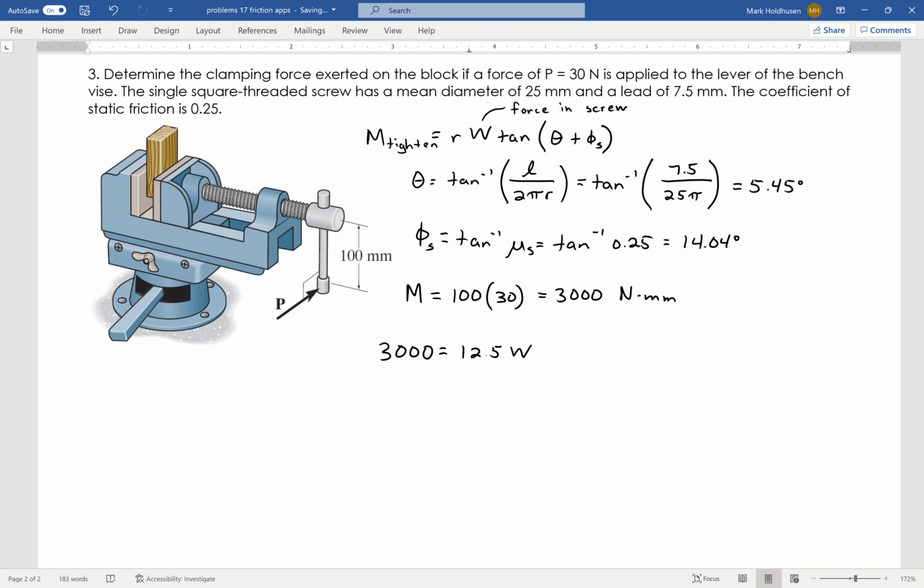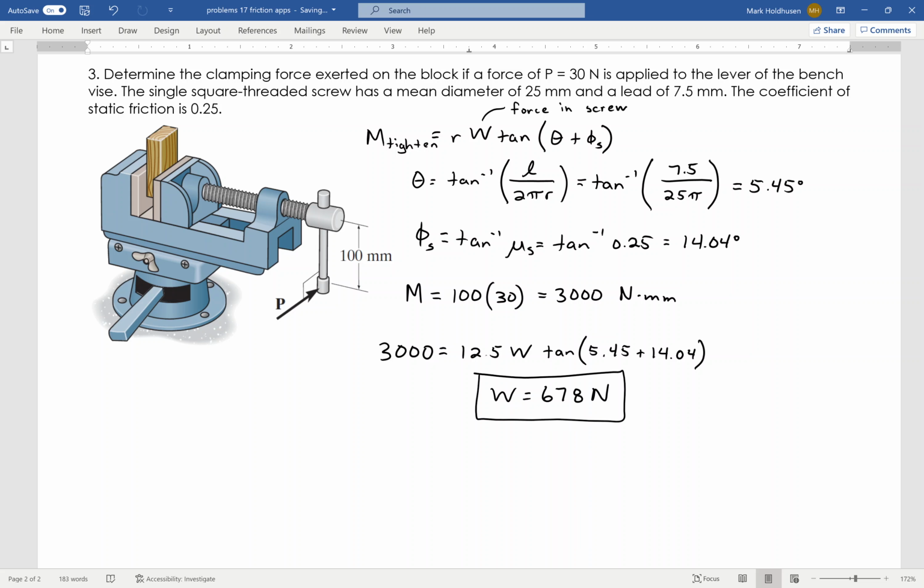That will be the clamping force, right? As I clamp that down, I'll create that force in the screw, times the tangent of 5.45 plus 14.04. Doing that, I get a W equal to 678 newtons.